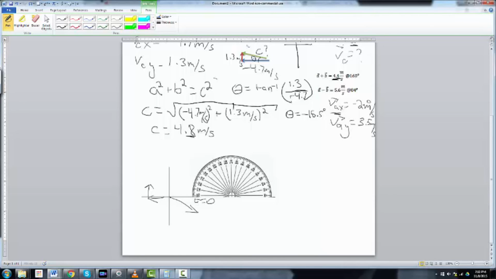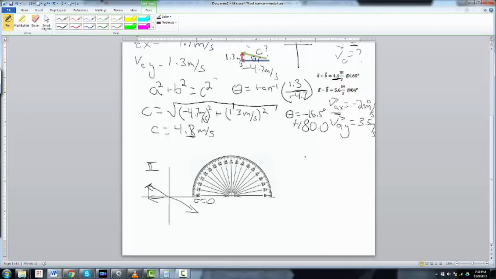But I know for a fact that my new vector is up here by looking at the x and the y. I have a negative x, positive y. That puts me in the second quadrant right here. But negative 15.5 tells me that it's somewhere down here, and that doesn't make any sense. So to correct this, it's just 180 degrees off.